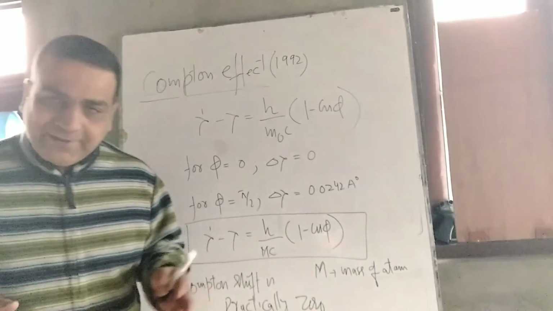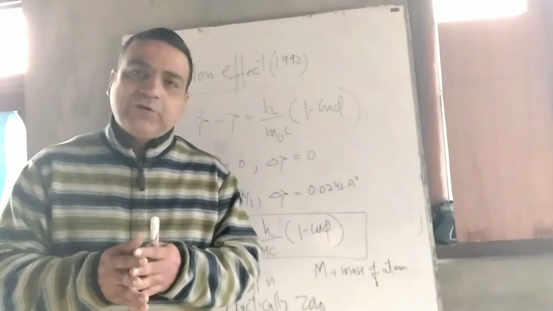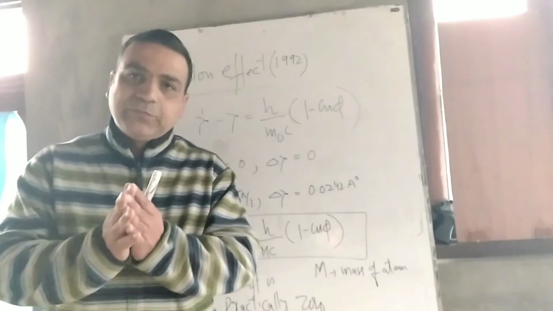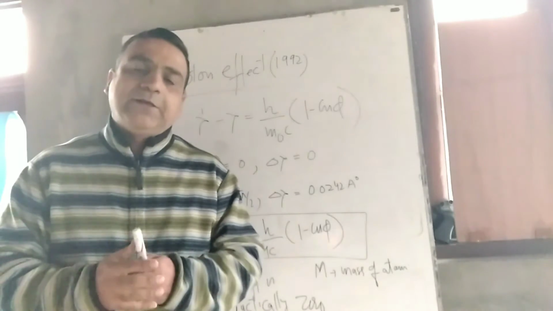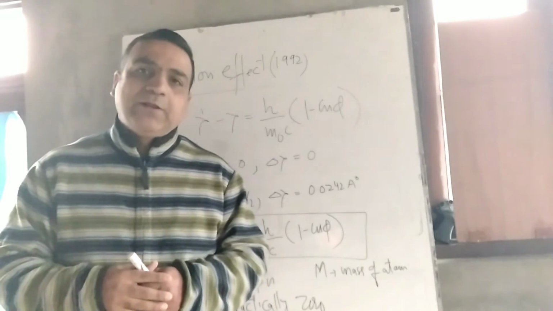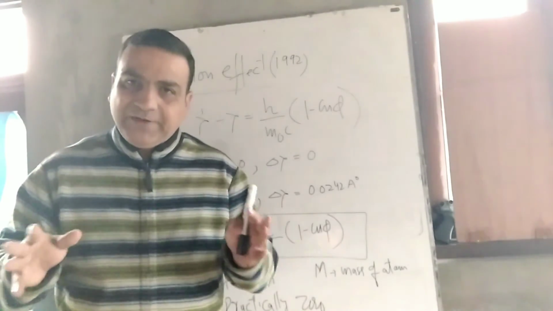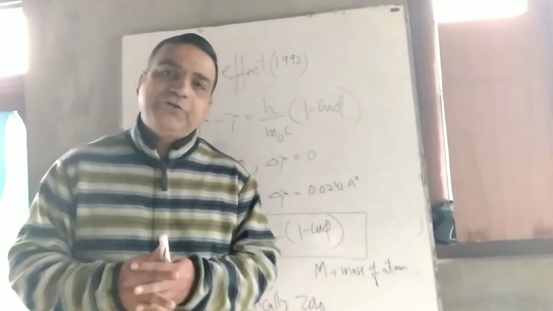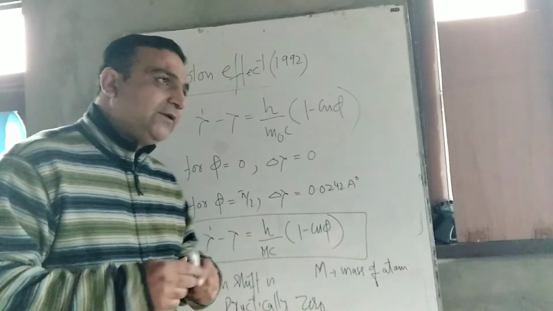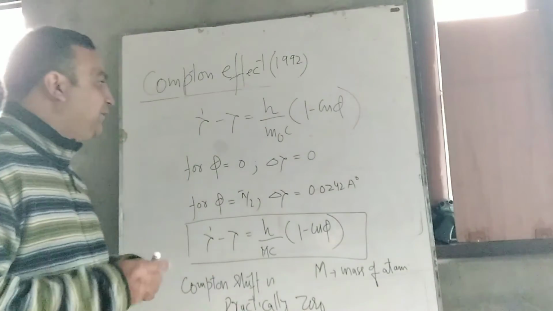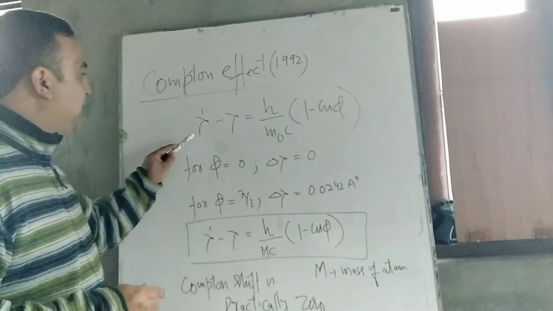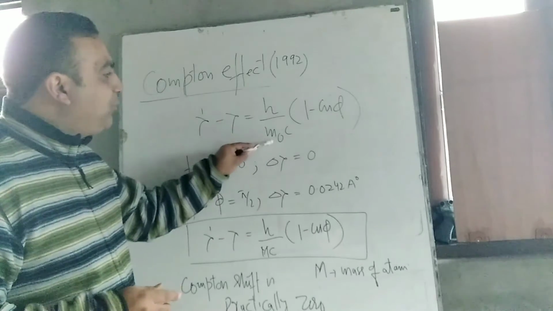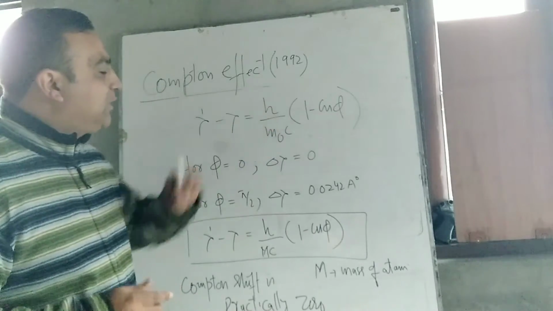On manipulating these equations, the equation of conservation of energy and the equations of conservation of momentum, we boil them down to the final result, which is the Compton shift: lambda dash minus lambda is h by m naught c, times 1 minus cos phi.